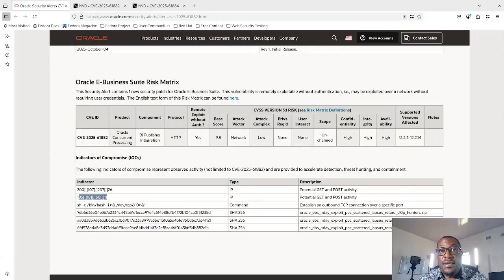Hence, we see the propagation of the same vulnerability being identified at Harvard University and, of late, Wits University in South Africa.